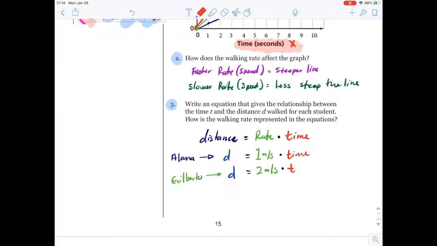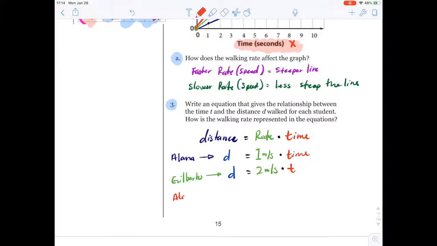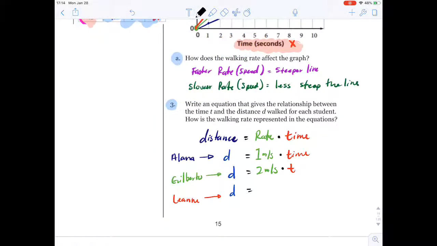It could be 1 second, it could be 10 seconds, it could be a million seconds. I abbreviate it with just a T. And lastly, we have Leanne. Leanne has a distance that is equal to 2.5 meters per second times time.